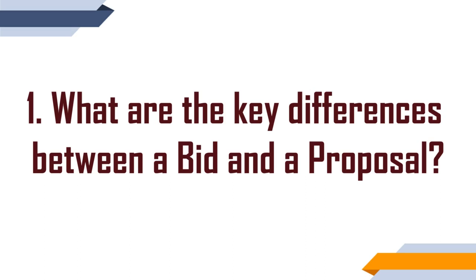Bid documents are usually less complex and less detailed than a proposal. A proposal is going to be pages long. It's going to be detailed. It's going to have criteria, a lot of different things. A bid typically is going to be very specific. It's going to be several forms that you submit, including possibly a particular price and structure.